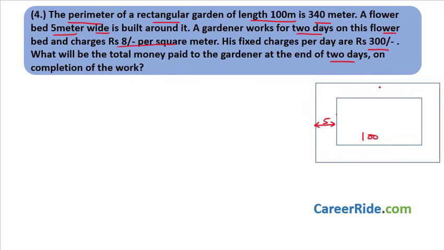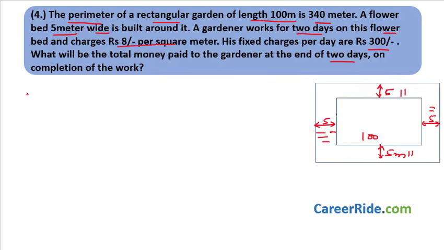So this is 5 meters wide on all four sides. Now we have to find the cost of working on this flower bed from all the sides. When the gardener works, what is the cost of working on this flower bed? That is what is asked in the question. Now what is given? Let's see.